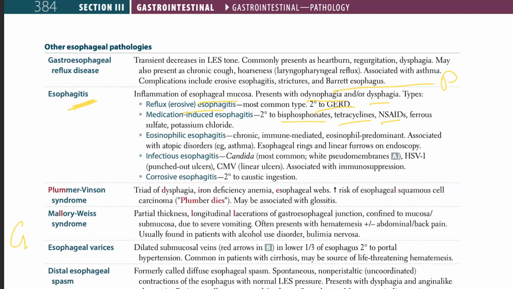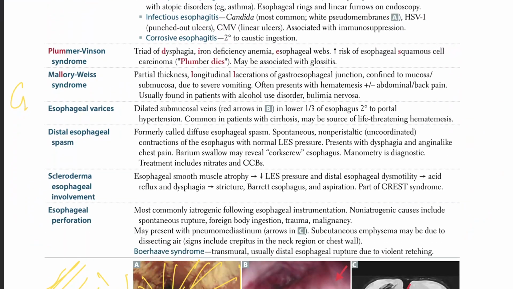Okay, let's talk about Plummer-Vinson syndrome now. Plummer-Vinson is a triad of dysphagia, iron deficiency anemia, esophageal webs. Plummer dies. Plummer-Vinson syndrome, DIE: Dysphagia, Iron deficiency anemia, Esophageal webs.